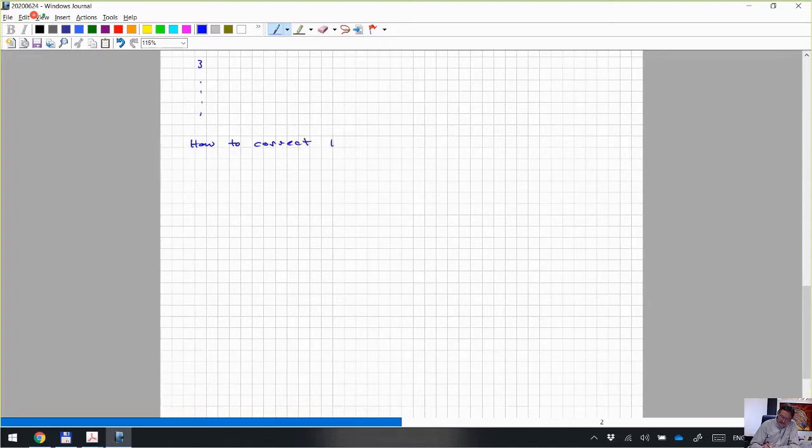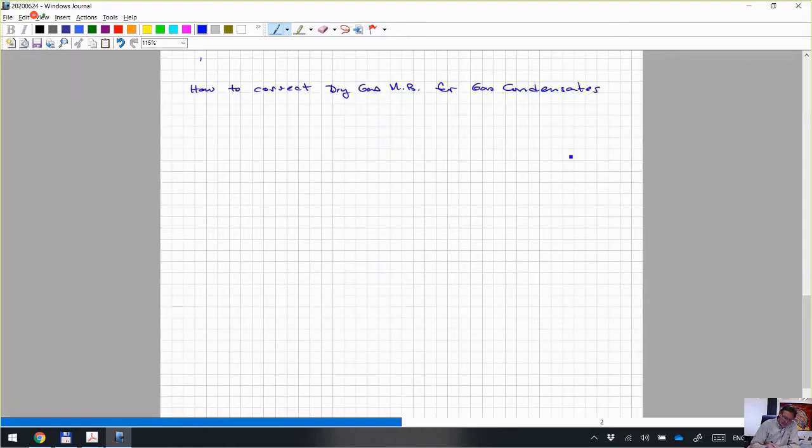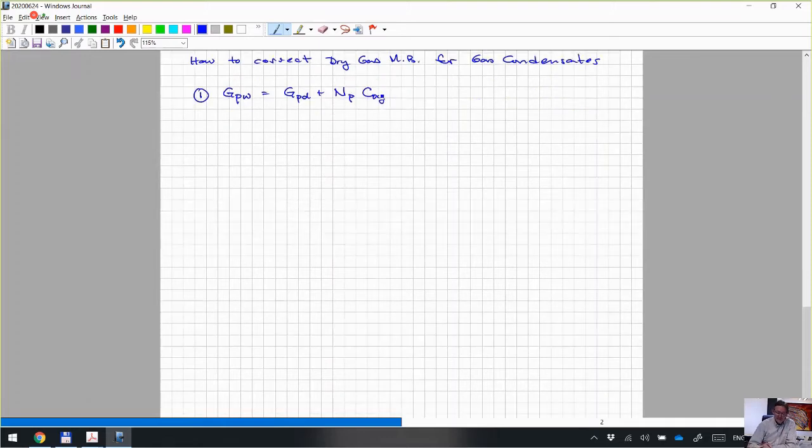Okay, so now basically how to correct the dry gas material balances for gas condensates. So one is you have to convert GP to a fake wet gas, same as we do now.